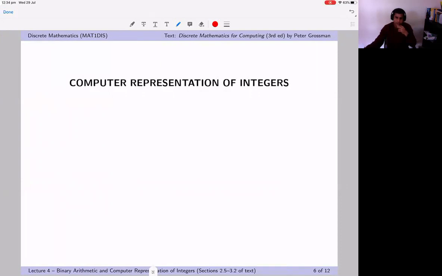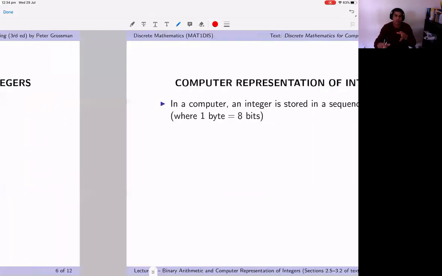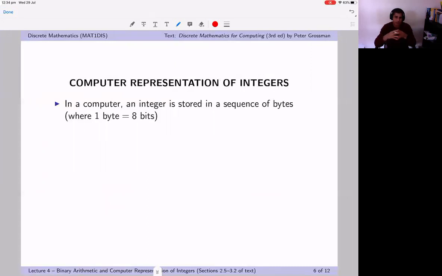Okay, so let's look at the computer representation of integers. Recall that in a computer, an integer is stored in a sequence of bytes, where 1 byte is 8 bits. What we want to look at is how integers will be stored in a sequence of 8 bits.